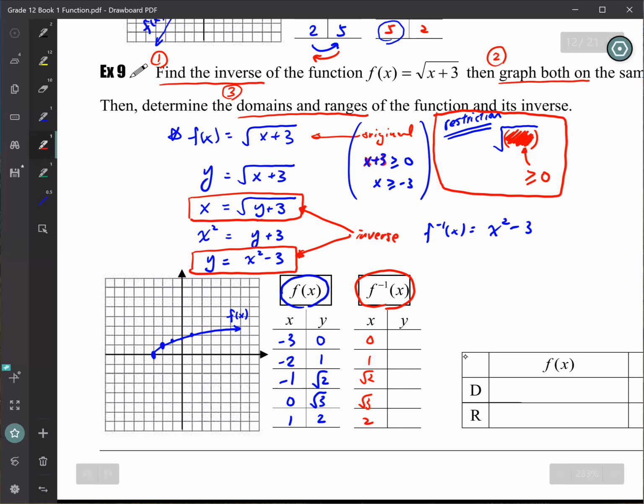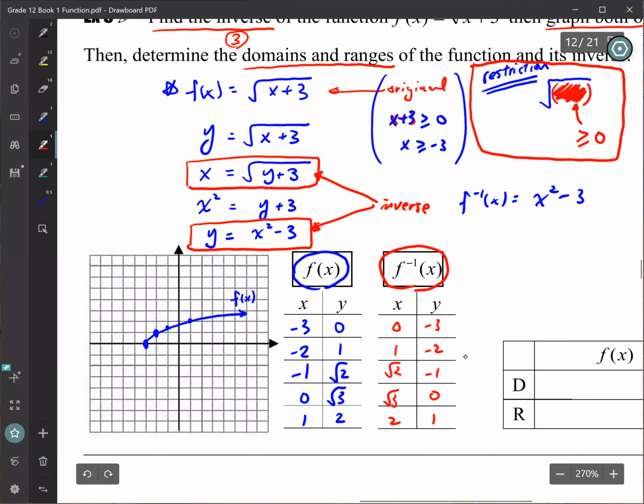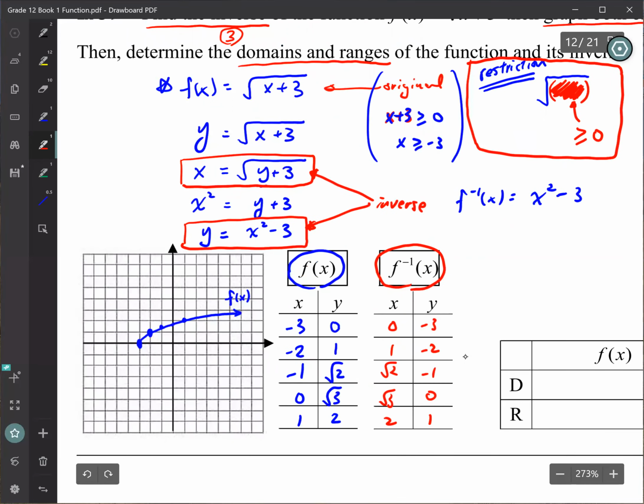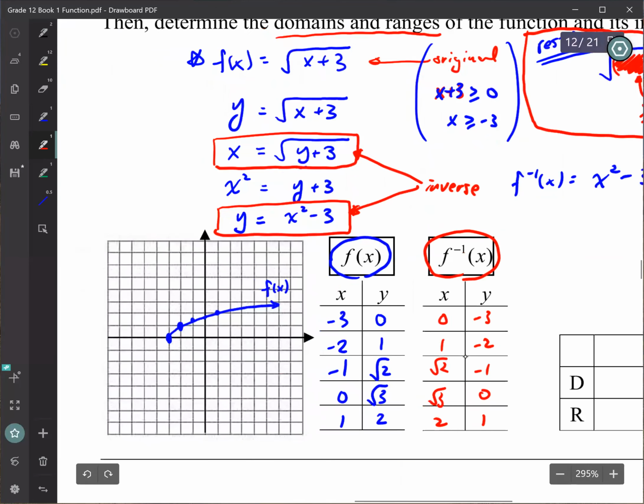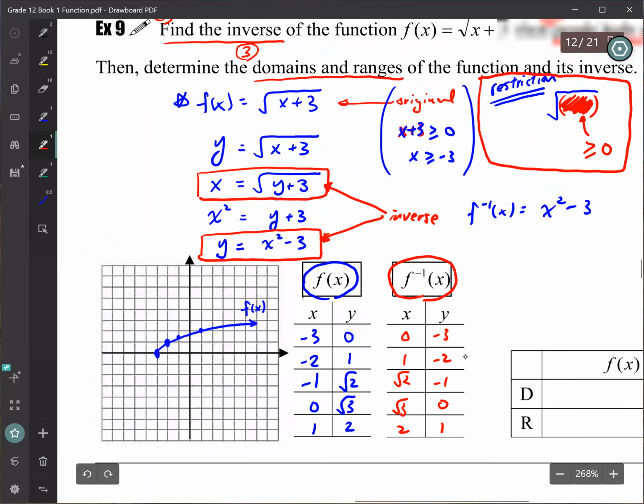Samantha, what about the y values? -3, -2, -1, 0, 1. Very good. So very easy. If you know the original graph, you just swap the x and y. Remember, step 2 is switch x and y. So even the points, they will switch. Then you get a new graph. Now just follow the points. Then we finish our graph.